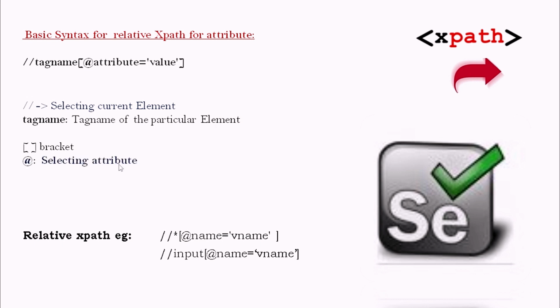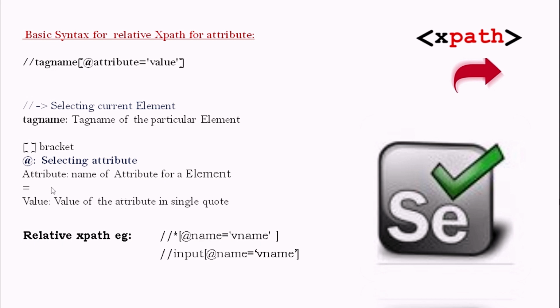Then @ selects the attribute, then the attribute name for the element, the equal to sign, and then the value of the attribute in single quotes. So this is the basic syntax, and this is the description of the basic syntax. You can understand.